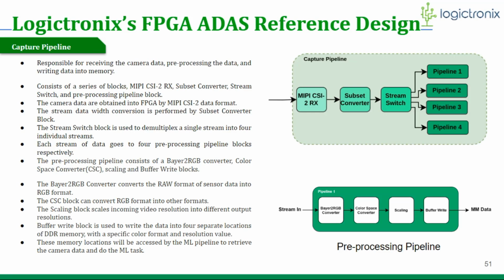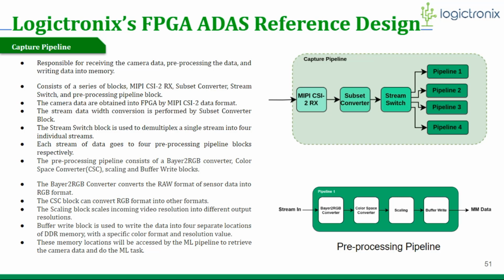Okay, here it is, the capture pipeline. The pipeline is responsible for receiving the camera data, pre-processing the data, and writing the data into memory. The pipeline consists of a series of blocks, namely a MIPI CSI2RX subsystem, a subset converter, a stream switch, and pre-processing pipeline blocks. The camera data is obtained into the FPGA in MIPI CSI2 data format.